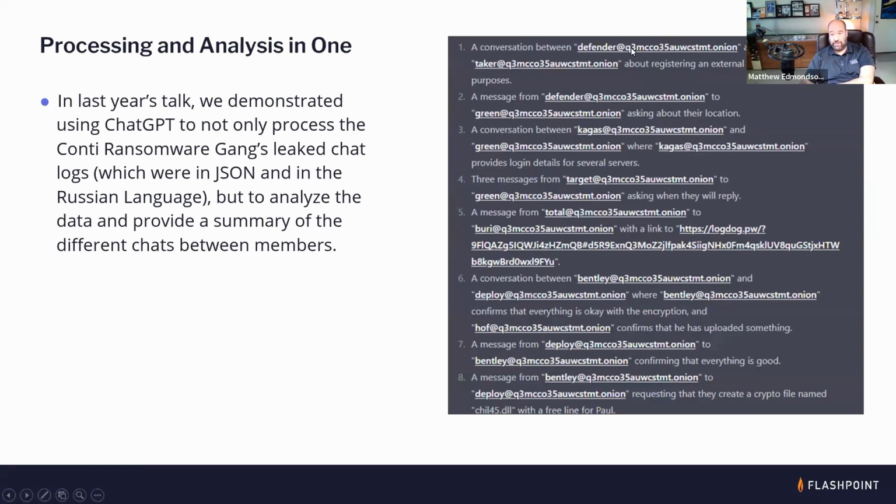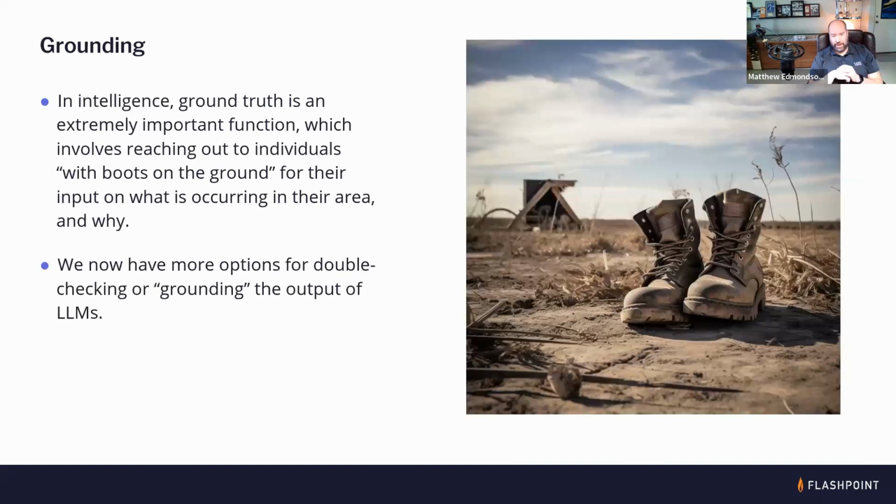So you see there a conversation between this person about this, a conversation between this person about this. That's insane, right? And I still think to this day, one of the most underutilized, amazing capabilities of this technology is to summarize information. I love it. I use it literally daily. And so, once again, we're not going to rehash that. We're here to build on it.